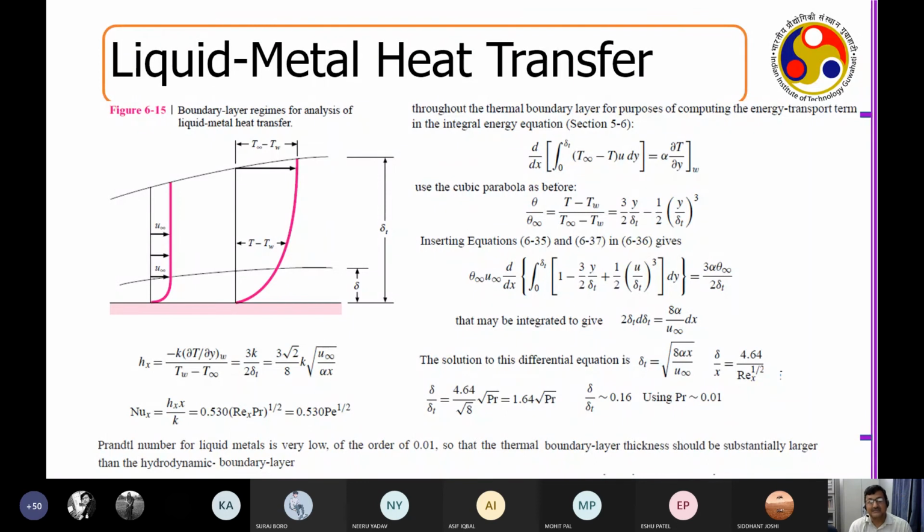Because of the higher thermal conductivity of the liquid metal, you may anticipate that the thermal boundary layer will grow much faster than the hydrodynamic boundary layer, and in this sort of situation you may encounter a delta T which comes out faster than delta.